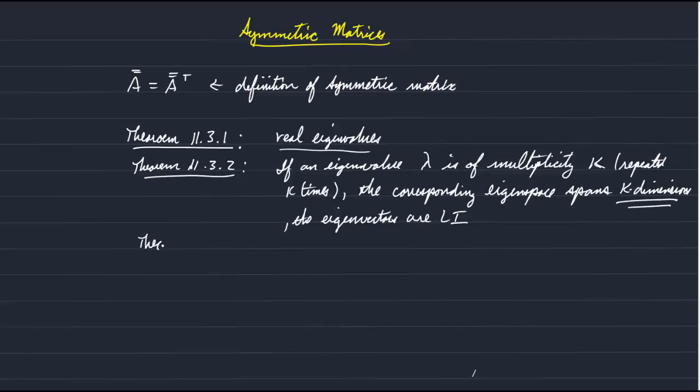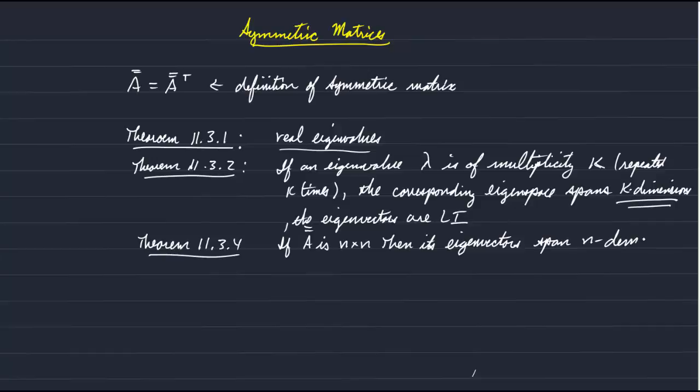And related to that is theorem 11.3.4, I'm going to skip one, which says that if A is n by n, then its eigenvectors span n-dimensional space and form a basis for that space.